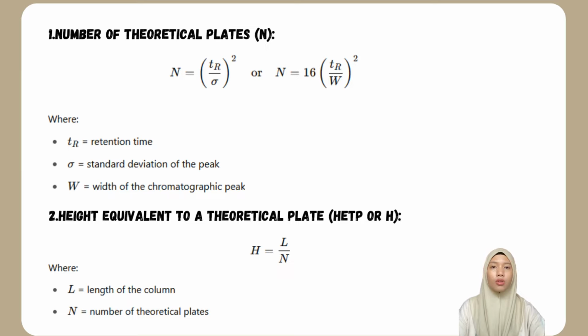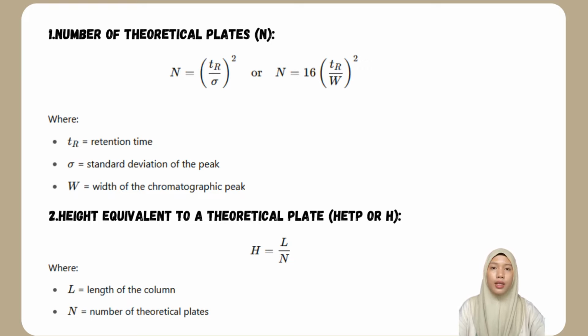The formula to calculate N is N equals the square of the retention time divided by the standard deviation of the peak, or alternatively, N equals 16 times the square of the retention time divided by the width of the chromatographic peak.